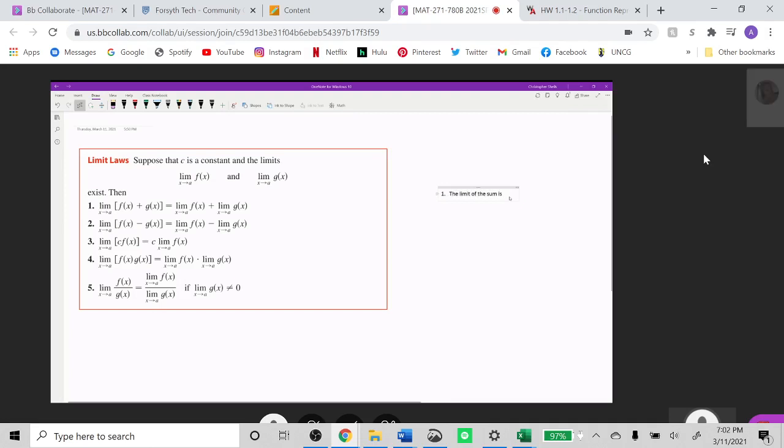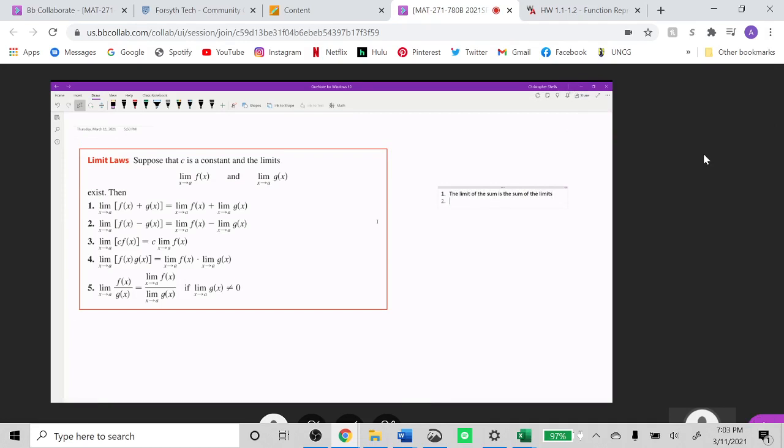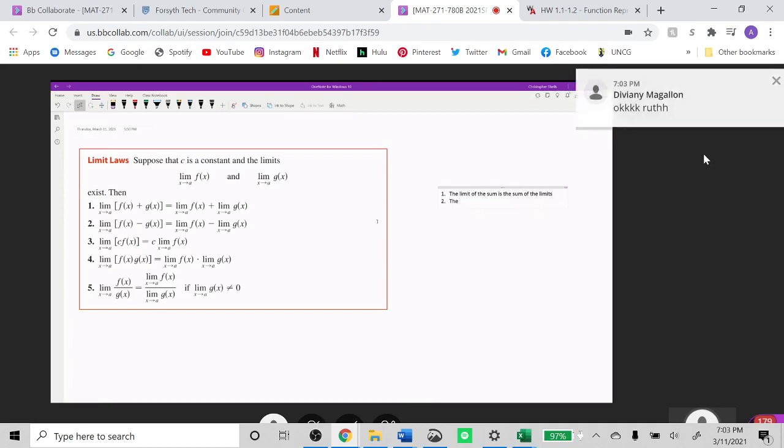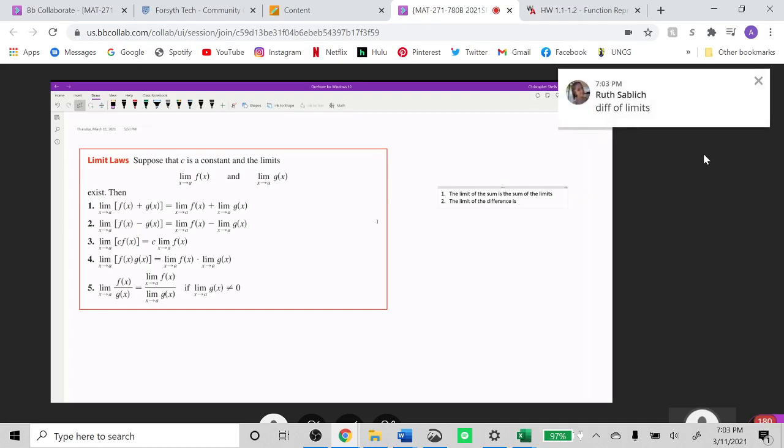The limit of the sum is the sum of the limits. Very good. Number two is a difference law. The limit of the difference is what? The difference of the limits.